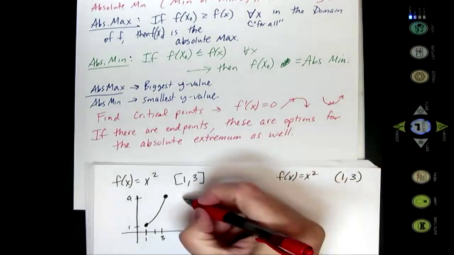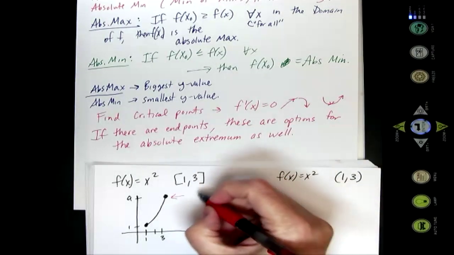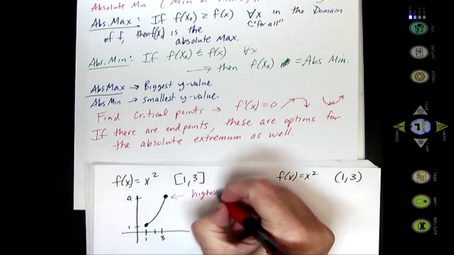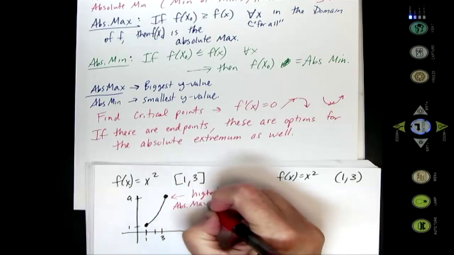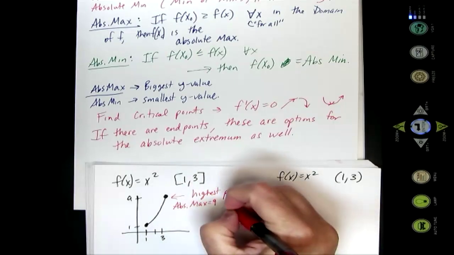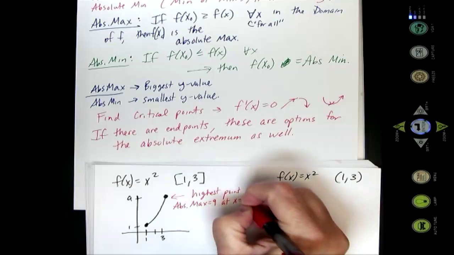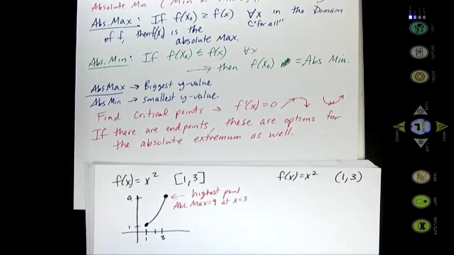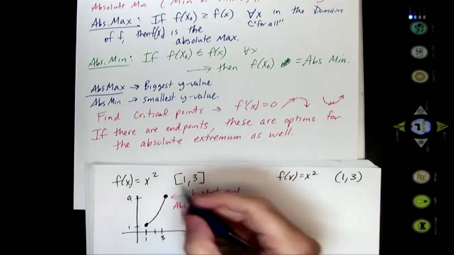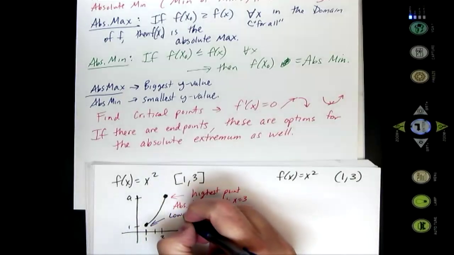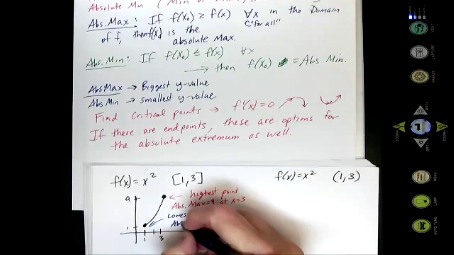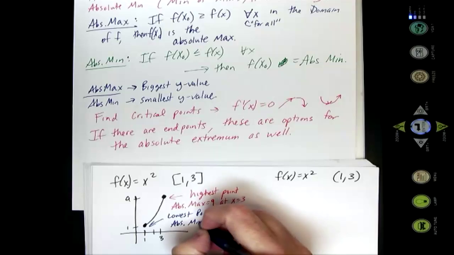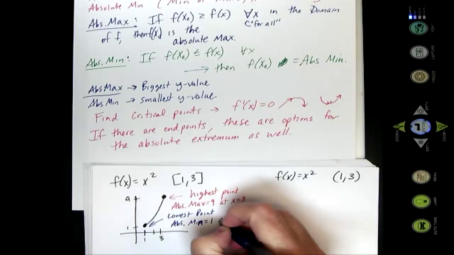So this is the highest point on the graph. Absolute max is 9 at x equals 3. Lowest point is at 1, so the absolute min is equal to 1 at x equals 1.